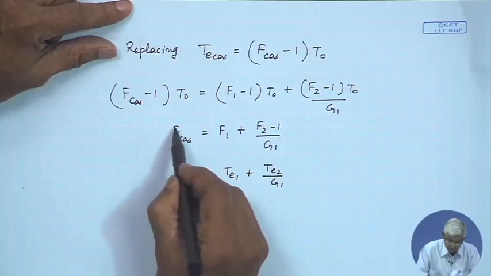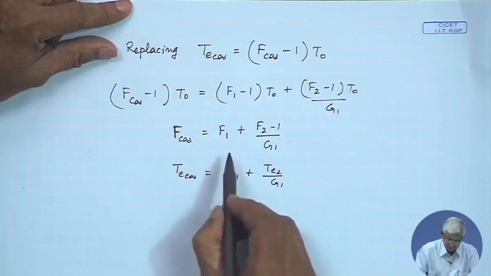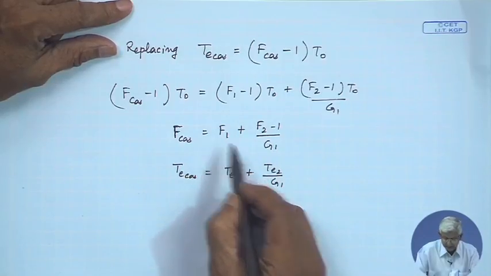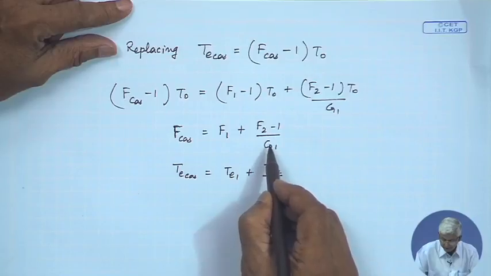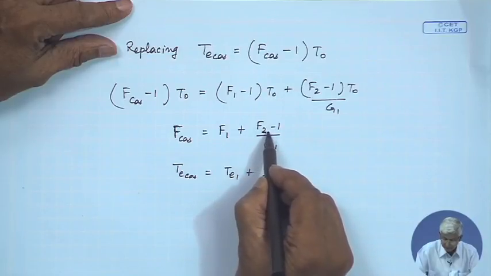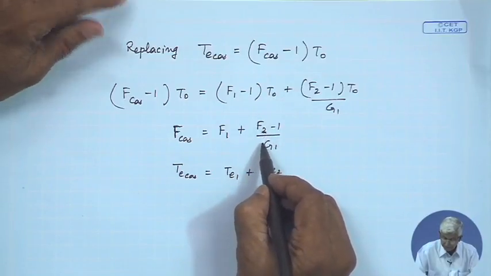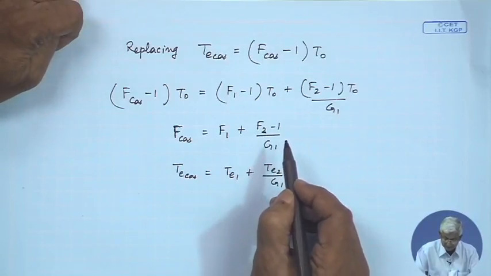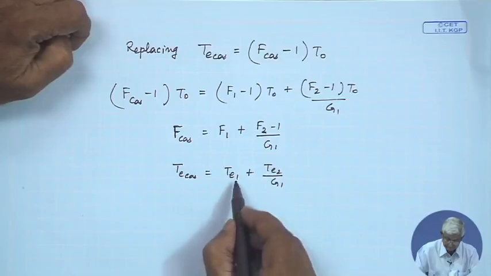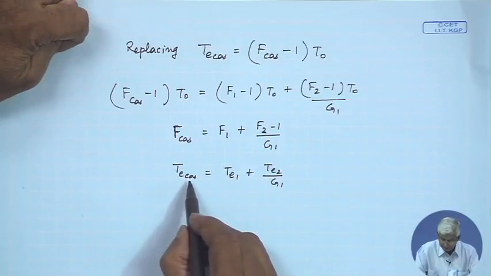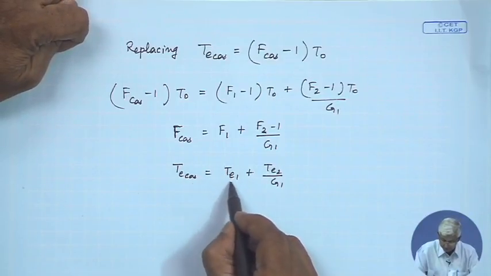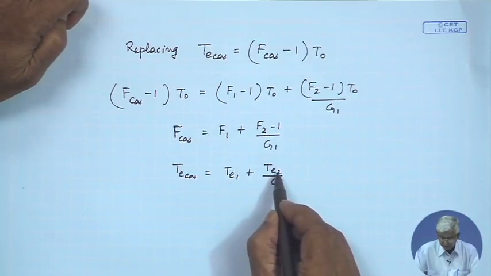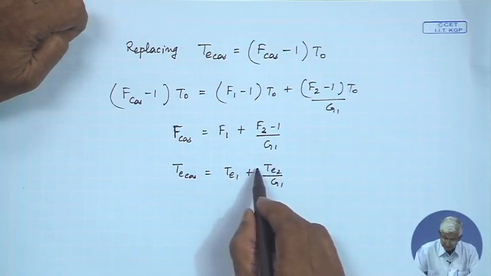To reduce the total cascaded noise figure, the first stage noise figure should be low and it can have a moderate gain, so that the second stage noise figure will get reduced since it is divided by the gain. Same thing, the first stage noise temperature should be low and the second stage noise temperature is not that critical because it is divided by the gain.